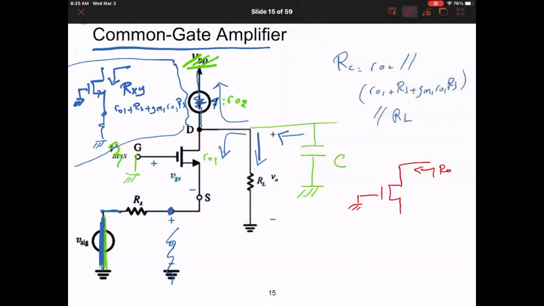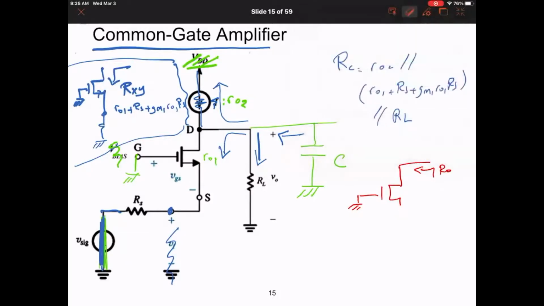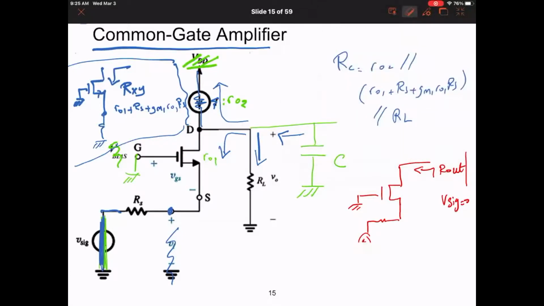So I'm going to short up to node Vn. If we define something called R out, it is when VSIG is set to 0, so I am going to short only VSIG.